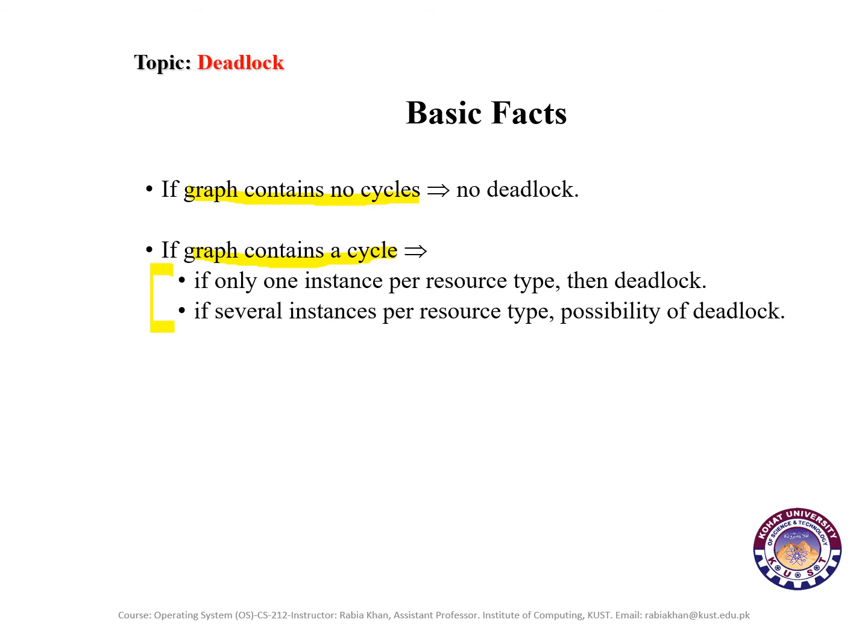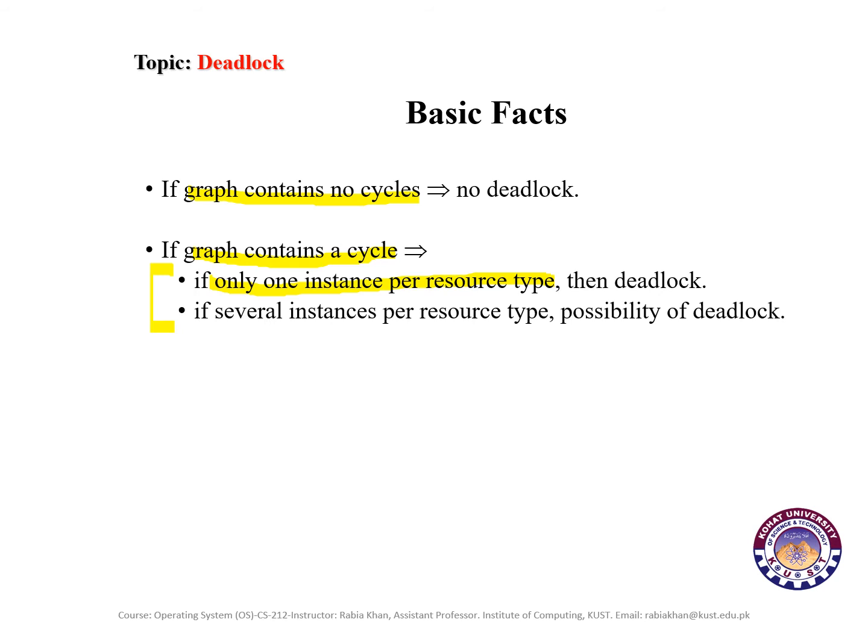So if there is a cycle, what things should you keep in mind? If all the resources have single instances and you find a cycle or circle in the resource allocation graph, then it is a must deadlock situation.